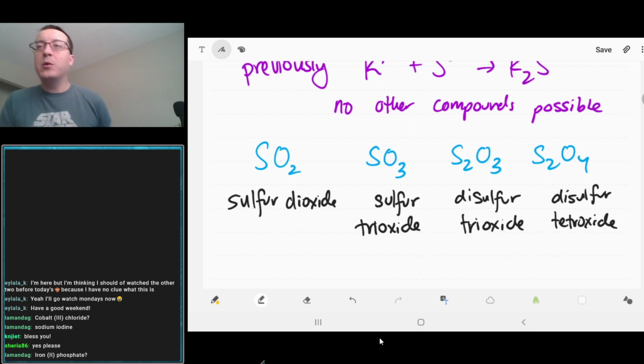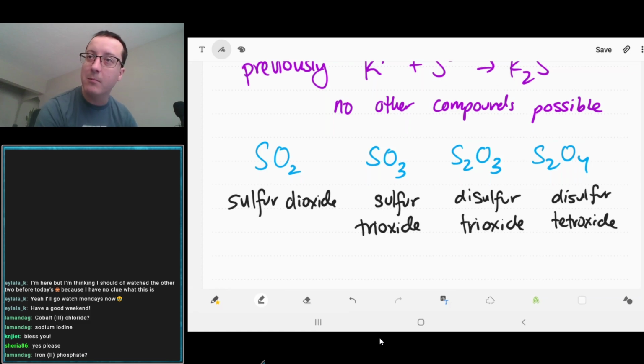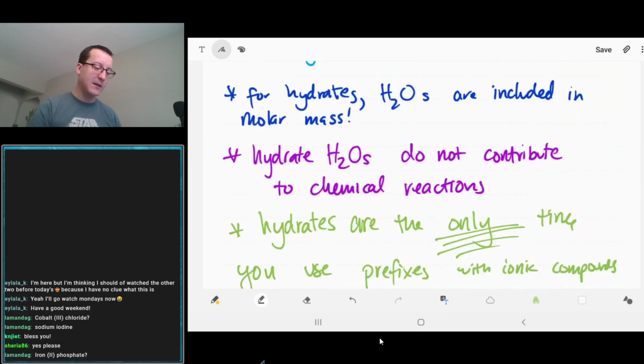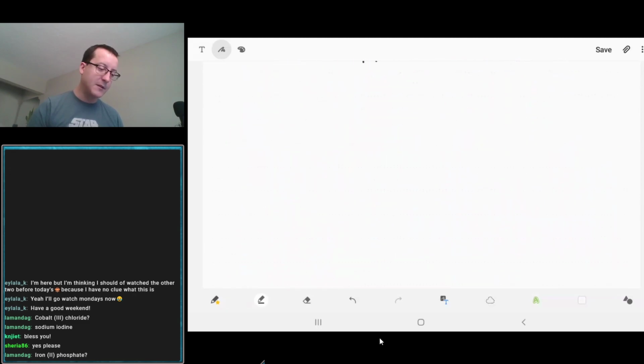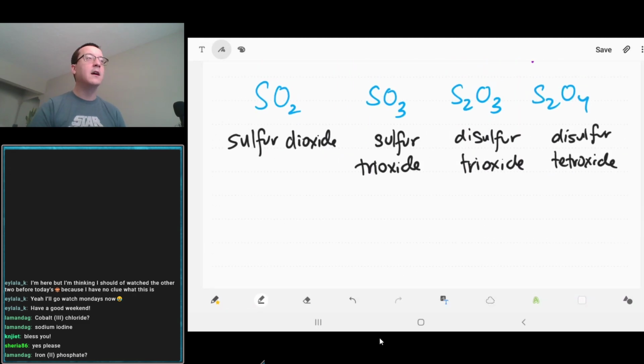So, with covalent compounds, that is, there is no metal there, only nonmetals, we're going to use the prefixes. The same prefixes we talked about with those hydrates. The mono, di, tri, tetra, penta, hepta, all that stuff. Most of these you'll probably remember from geometry, like pentagons and hexagons and octagons, and all that stuff. So hopefully those are somewhere in your brain. But that's what we're going to use here.